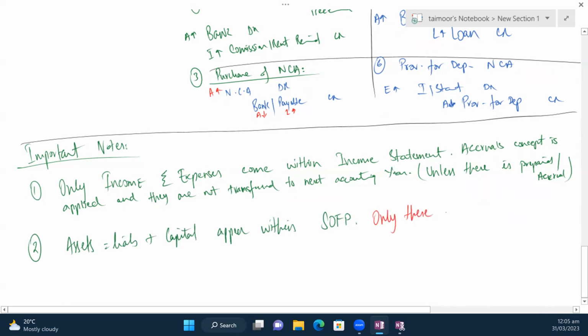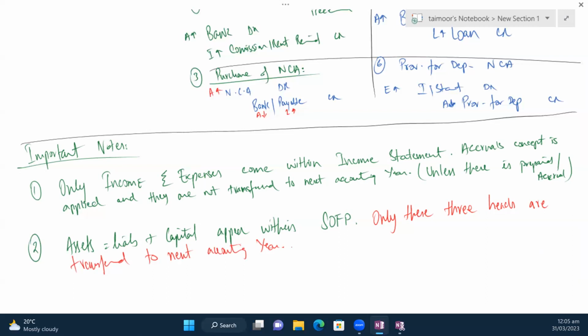Only these three heads are transferred to next accounting year. From one accounting year to another accounting year, you only transfer assets, liabilities, and capital.